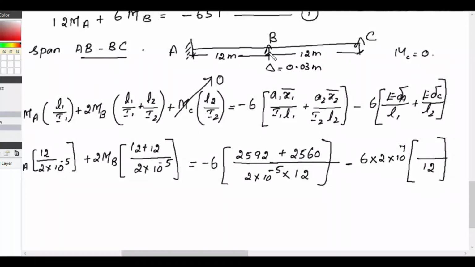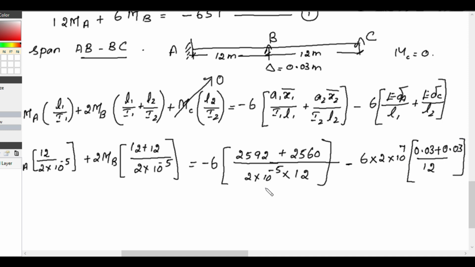Delta A. See, delta B is settling down, so here the reference point is B. A lies above B, so it is plus 0.03. For delta C also, delta C is lying above B, so it is plus 0.03.